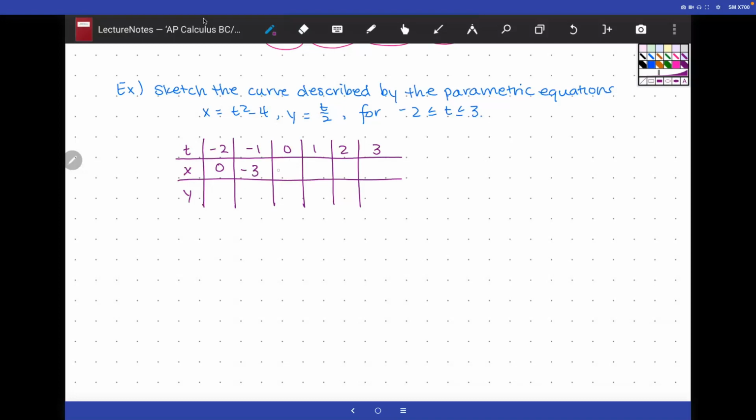When t is 0, x is negative 4. When t is 1, it's back to negative 3, back to 0. 9 minus 4 is 5. Any questions where I'm getting those numbers from? Fill in the y's. Let's do those.